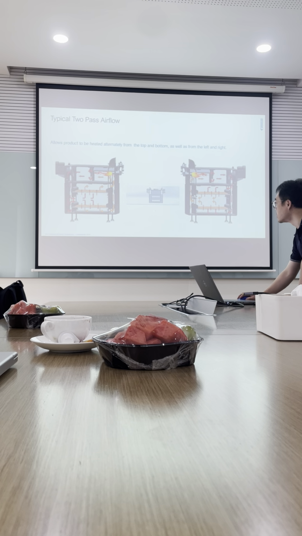This is the burner, this is the makeup damper, and this is the recirculating fan. This is the mixed plate, and this is the fixed plate. This is the open area. We can adjust the location of this plate or this plate to adjust the airflow direction.